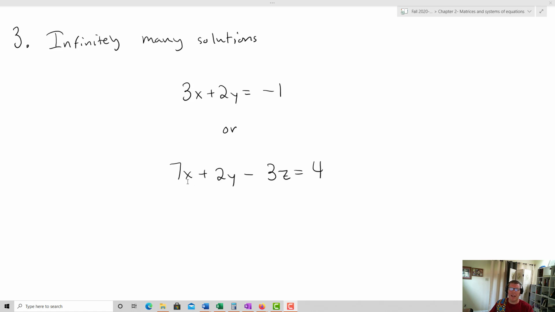Or we could actually have two independent variables, x and y, and we'll have a third dependent variable in z. And these two are both examples of infinitely many solutions. We'll talk about them. They're slightly different in terms of how we characterize or envision what those solutions are. But for the most part, we want to think about them as an infinite number of solutions.